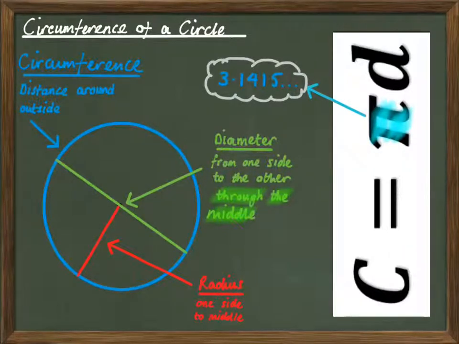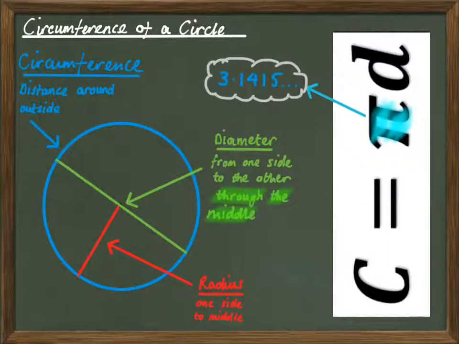Now where this symbol comes from, because at the moment it's sort of just random, it's just there, is if you actually investigate, and you may have done it in class, the link between the diameter, which is the width from one side to the other, and the circumference, which is the distance all the way around, is always roughly 3 times as big.